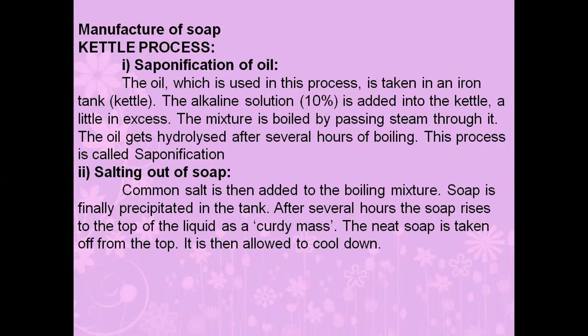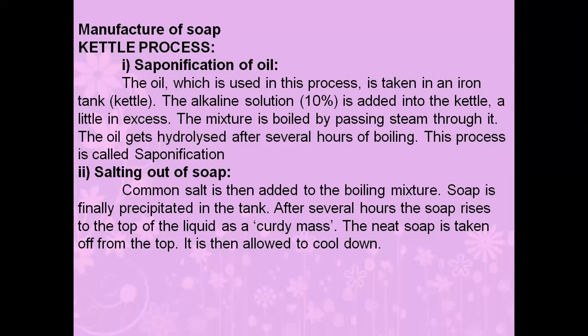So we take the oil into the iron tank, that is called the kettle. The iron tank contains alkaline solution 10%. This mixture is boiled. The oil we use to make soap is put into the kettle, then alkaline solution 10% is added.